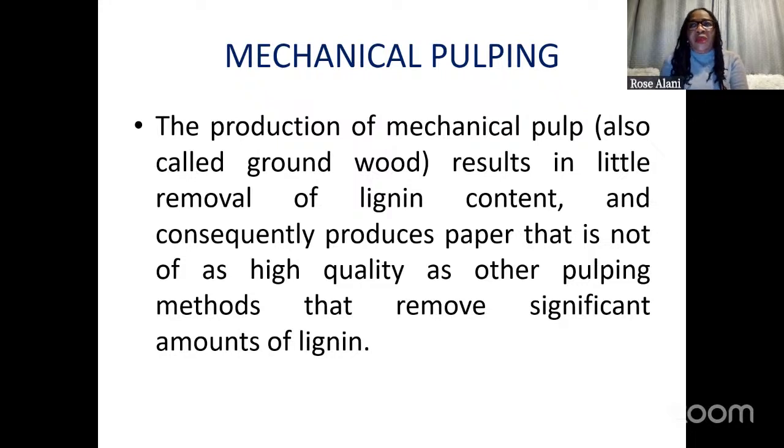Because in chemical pulping, almost all the lignin is removed, and so you have little or nothing remaining to reform the chromophores. But in mechanical pulping, almost all the lignin is retained, and so the whole chromophores are still there.